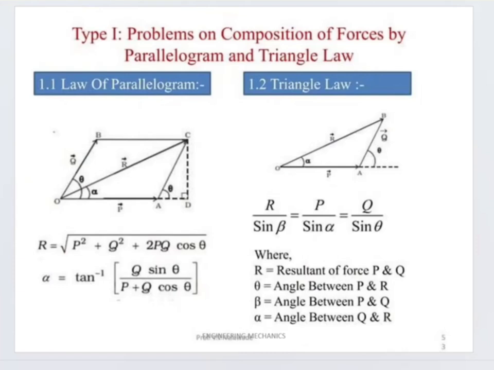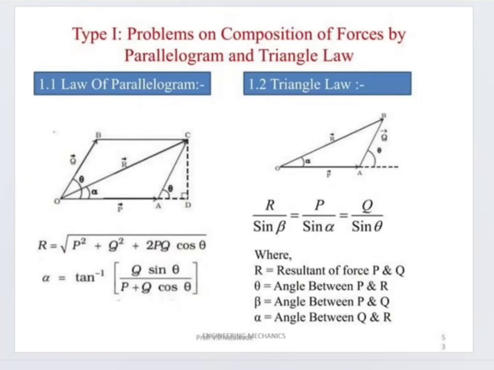Now you can see in this diagram, from point O to A is force P, from point O to B is the resultant, and from point A to B is the force Q. So what is the equation from this triangle law? R divided by sin beta is equal to P divided by sin alpha is equal to Q divided by sin theta.